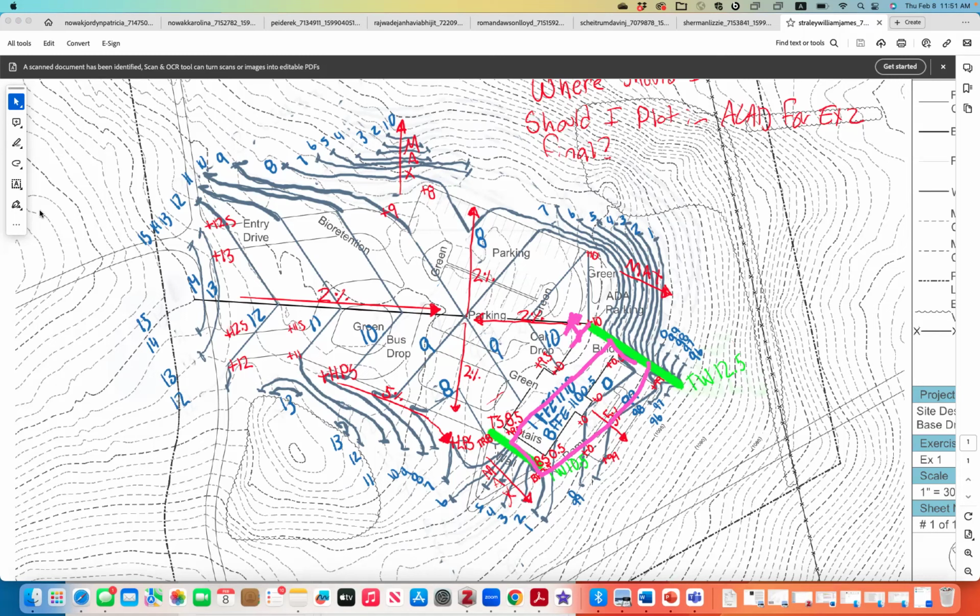Let me try something. If we continue and do one more contour like this, and then starting from here, we're changing the direction.